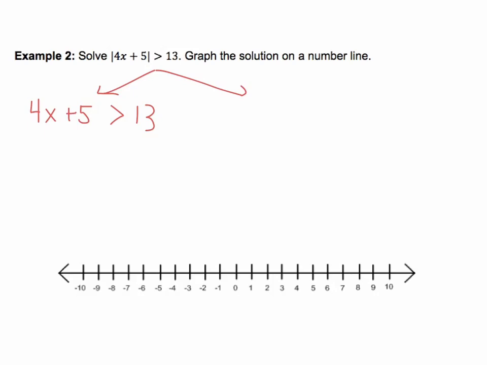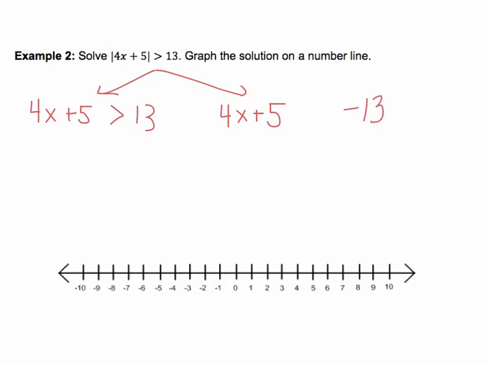The second inequality, and here's one little twist on yesterday's lesson. I'm thinking most of you in the room would say, okay, well we have 4x plus 5 on one side, and then we have to take the opposite of that entire right side. The opposite of the right side in this case is the opposite of 13, which is negative 13.